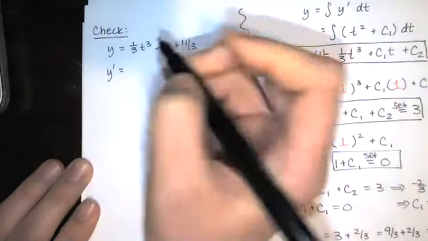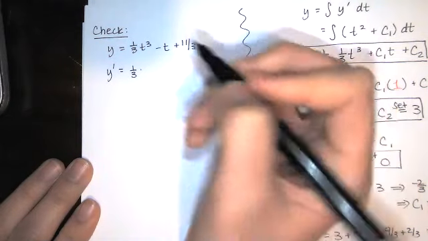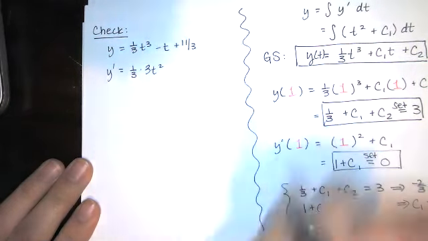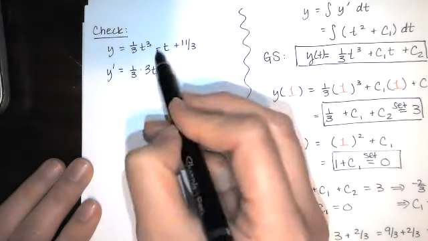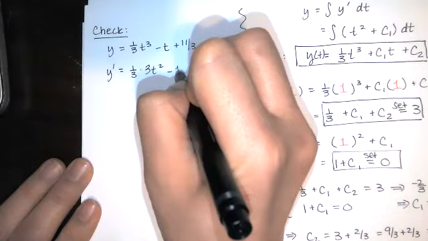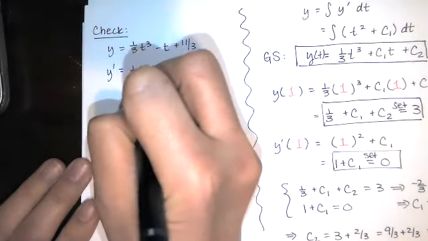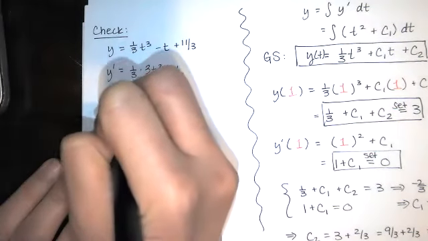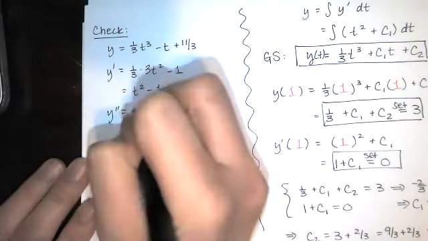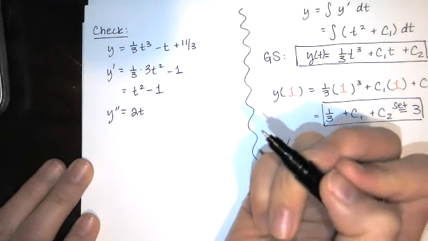Y prime, well, it's 1/3 times the derivative of t cubed, which is 3t squared. Bring the power down, multiply by t to the 1 less power. And the derivative of a constant times t is just the constant, and the derivative of the constant is 0. So we get y prime is t squared minus 1. And y double prime: the derivative of t squared is 2t, and the derivative of -1 is 0. So y double prime equals 2t.